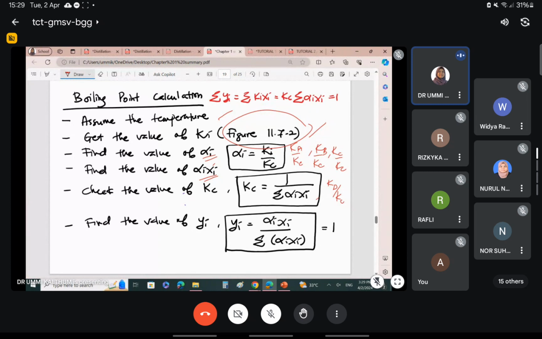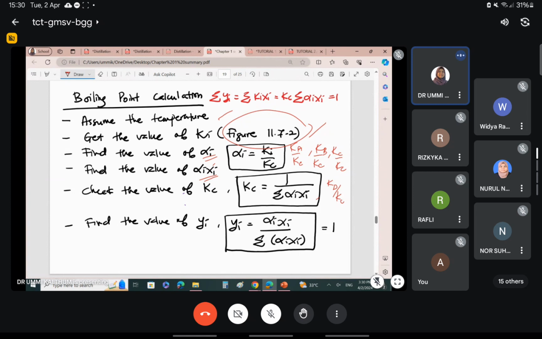So Kc you akan dapat satu nilai, apa tu? Nilai Kc. So refer back to the figure.